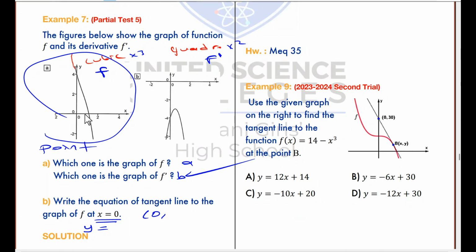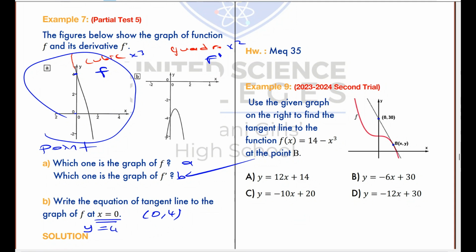At 0, what's the y value? 4. So my y is 4. I got the point. It's very easy, it's in front of my eyes, it's in the graph. It's clear if you can see it. So by using the f function, you'll find the point. At 0, the y value is 4, so the point is (0, 4).